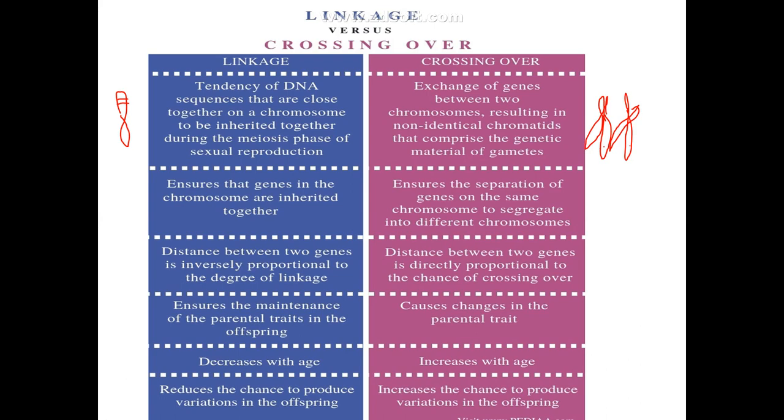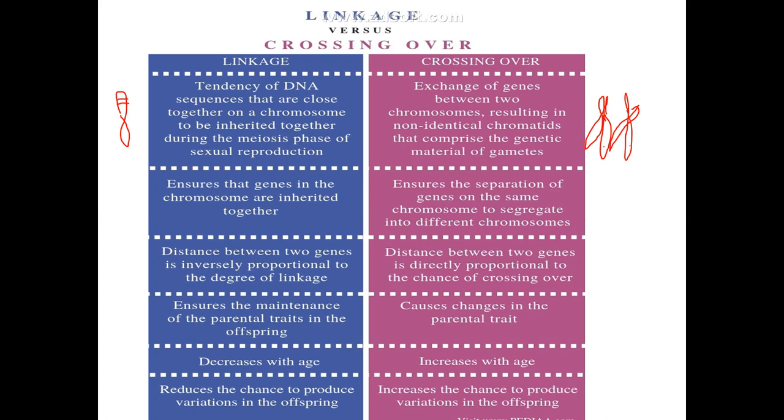Here the distance between the two genes is inversely proportional, but here they are directly proportional, and only because they are directly proportional can they swap or cross over each other. So linkage maintains the parental trait in the offspring, while crossing over causes a change in the parental trait. We will not get the same trait present in the parent when there is a crossover.